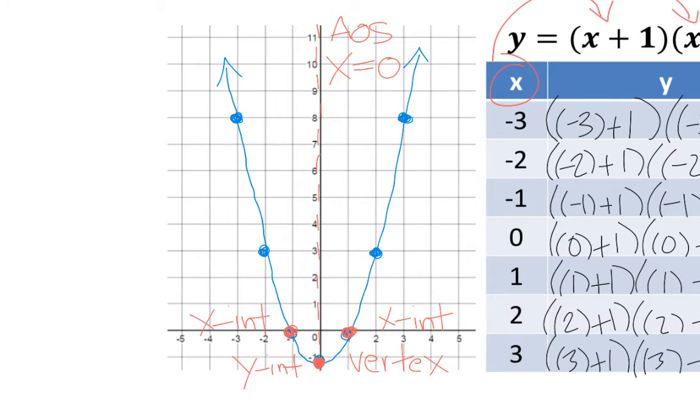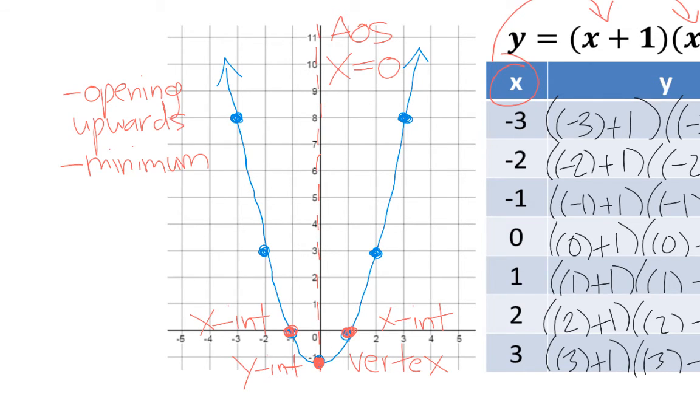And there's a couple other things that we can describe this parabola with. As you can see, the parabola is opening upwards. It is smiling. So we can say opening upwards. As well, you can take a look at the vertex. The vertex is located at the lowest point, which would make it a minimum value.